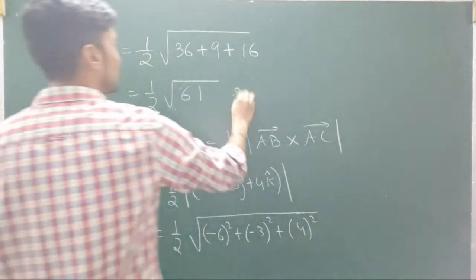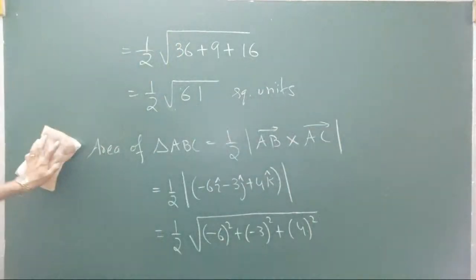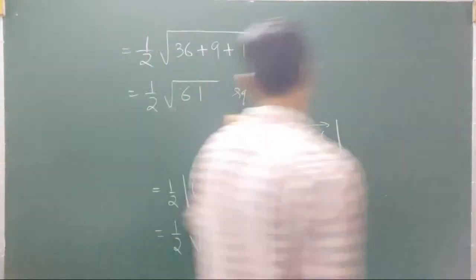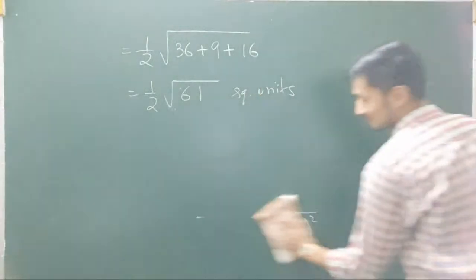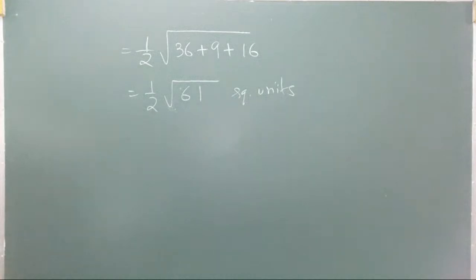So the area is root 61 by 2 square units. So that's the area of the triangle. Simple questions. Alright then, let's go to number 10.